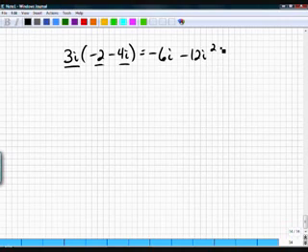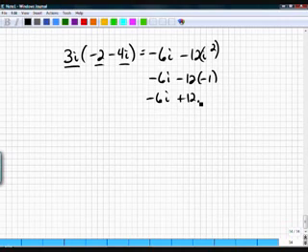Don't leave it as i squared, because from our list a while ago, i squared is equal to something. Anytime you have an i squared, that's the same thing as negative 1 from your list. So you have negative 6i minus 12 times negative 1, which is negative 6i plus 12. And if you want to write that in how these complex numbers are normally written, it's usually real then complex, so 12 minus 6i. You can write it either way.